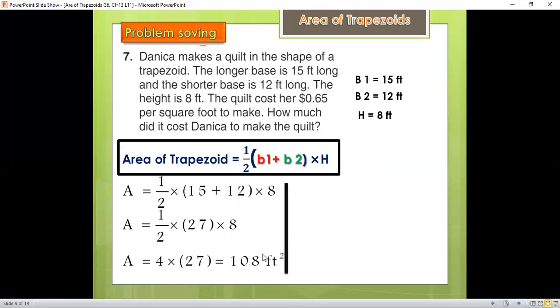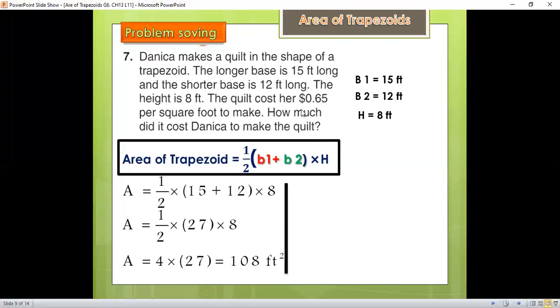This is our area, and each square foot equals $0.65. I need 108 square feet, and each square foot costs $0.65.